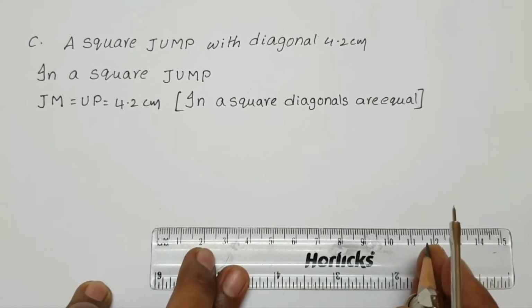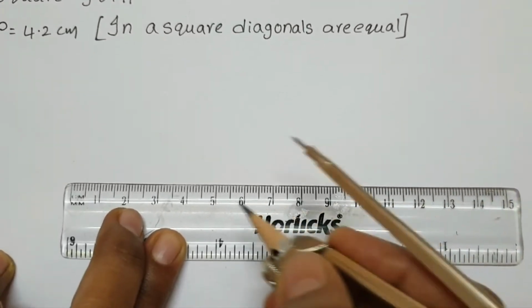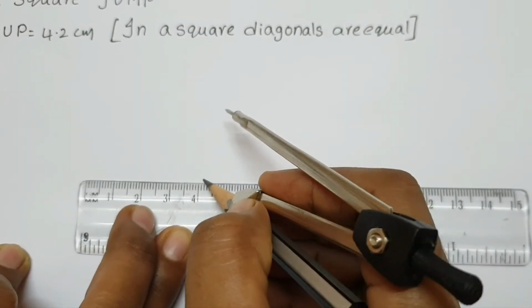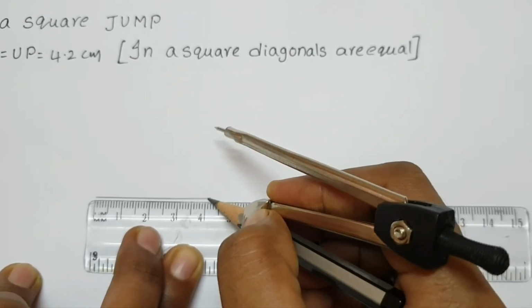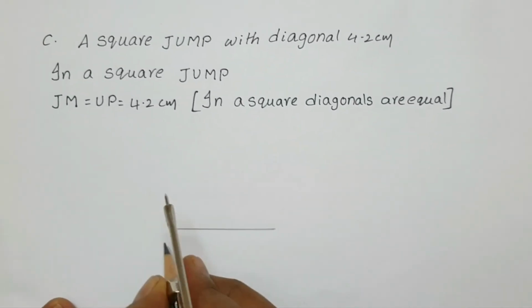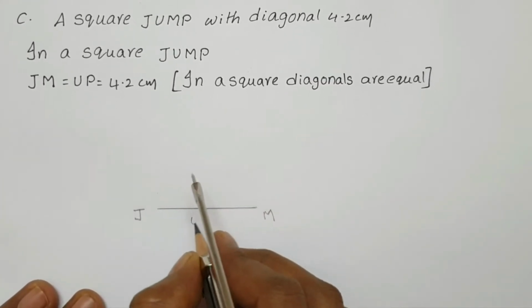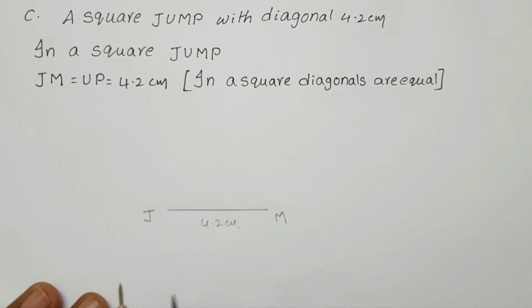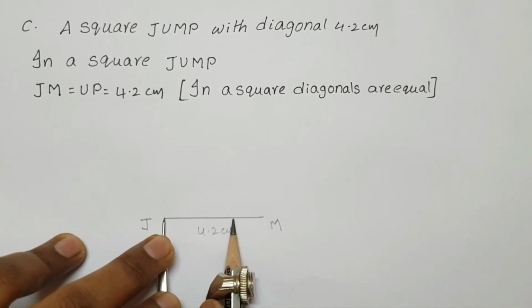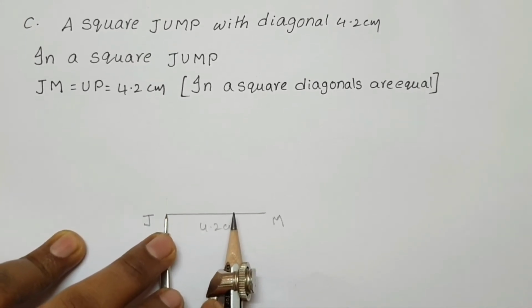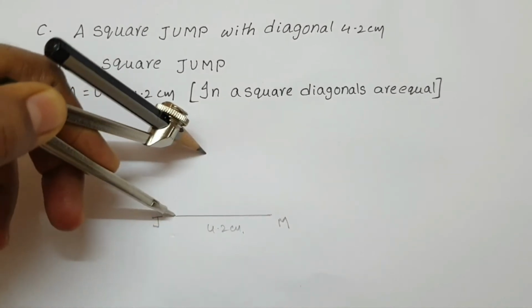First draw a line segment JM of 4.2 centimeters. Next, take more than half the measurement with J as center and draw arcs above and below.